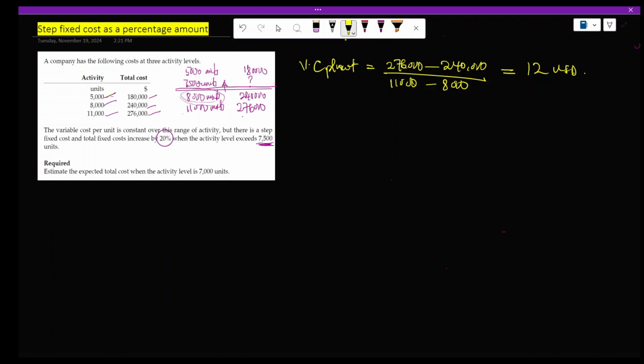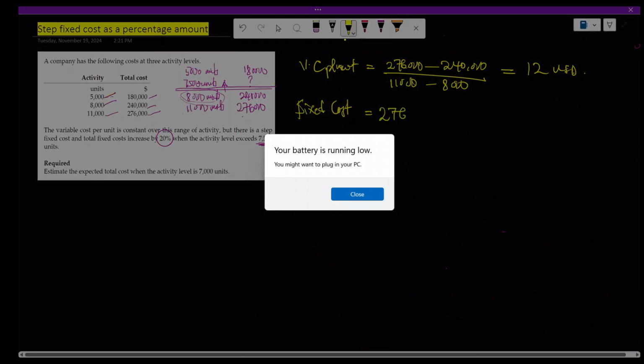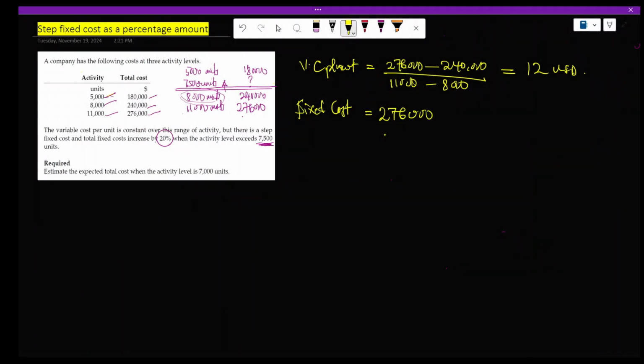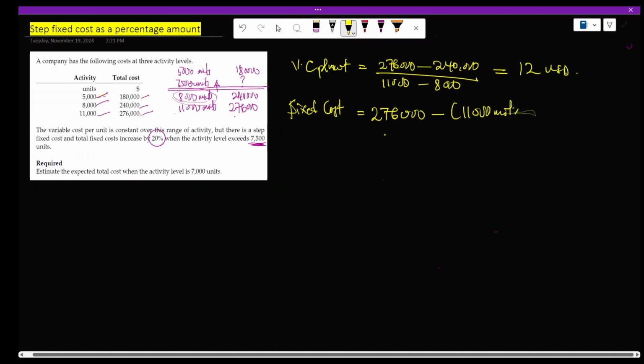Having found the 12 US dollars variable cost per unit, let's find the fixed cost. Write it in full: fixed cost is equal to, let's use the highest activity level, which is 11,000 units. Its associated cost of 276,000 minus 11,000 units times 12 US dollars.